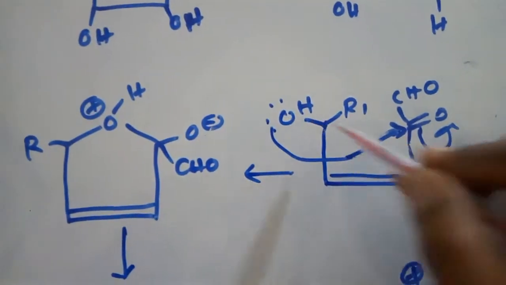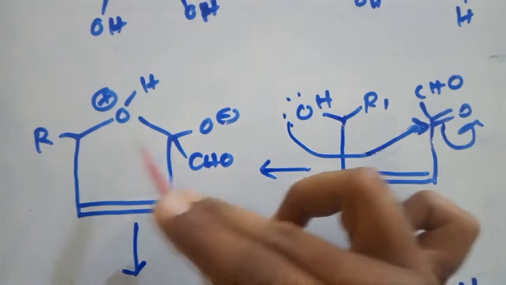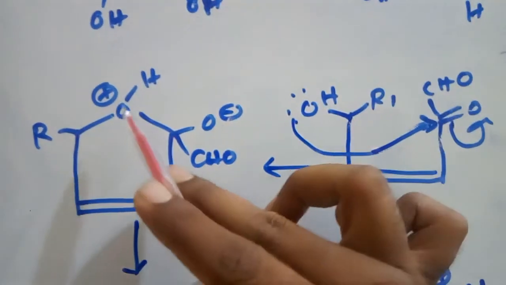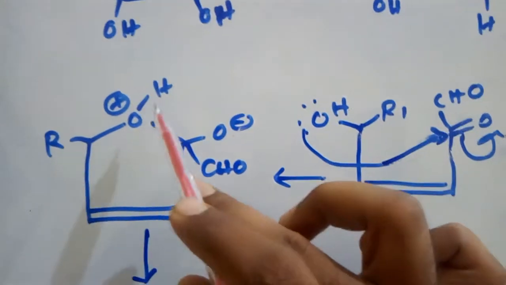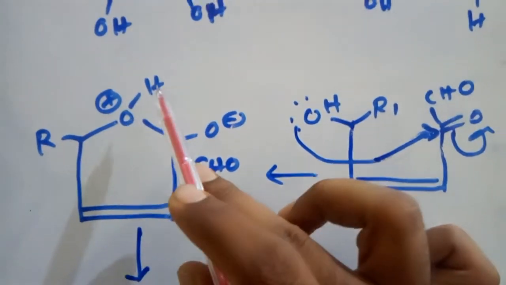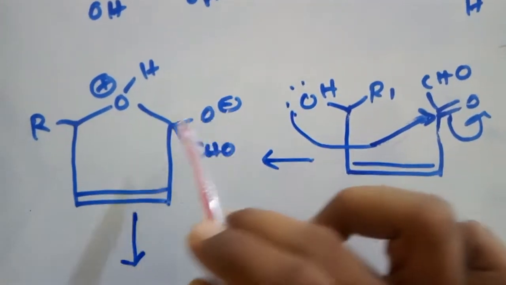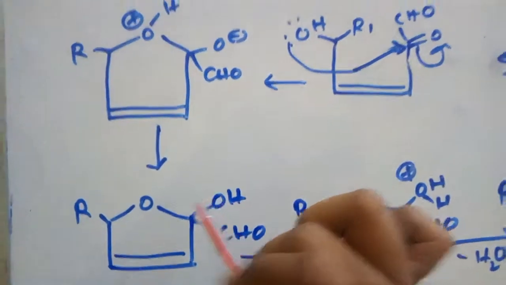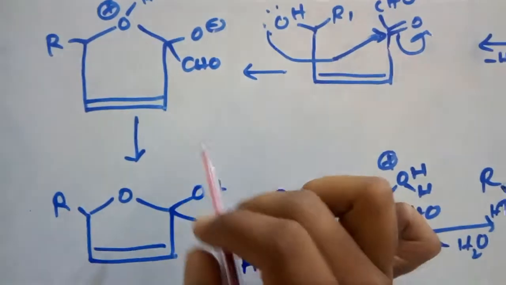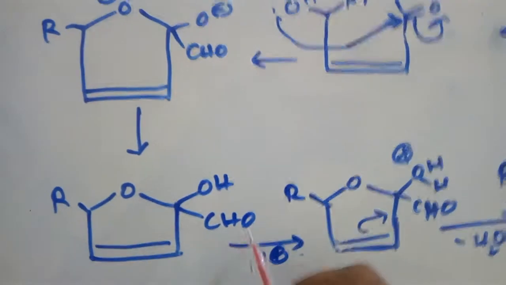This oxygen attacked on this carbon as shown like this, hydrogen as it is. Now this is 3 valency with a plus charge, so this bond will be broken, electrons will be taken by oxygen, and this H plus will attach here.